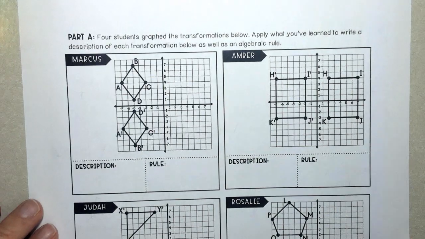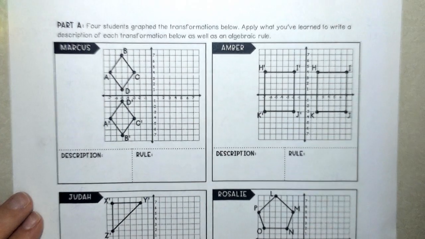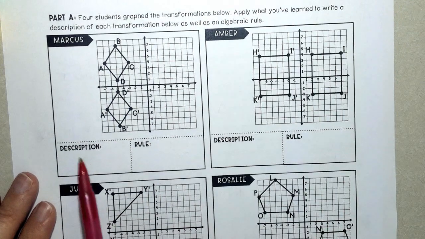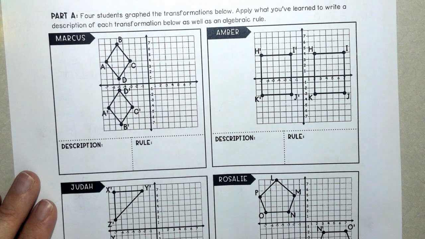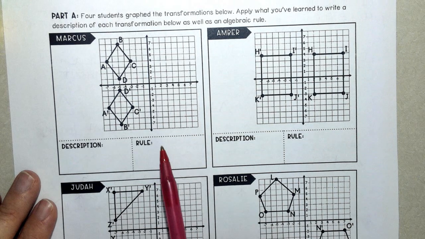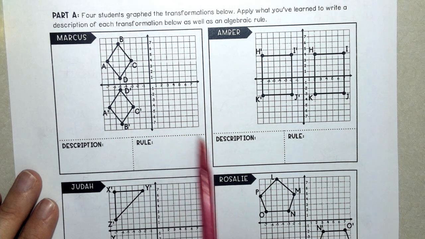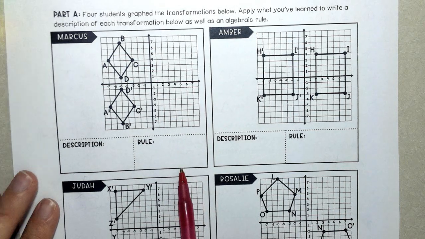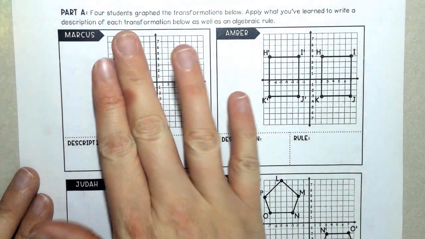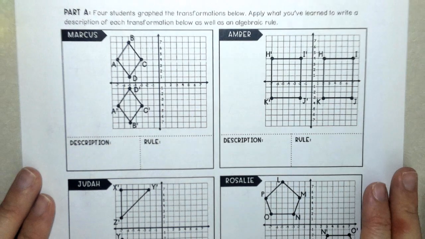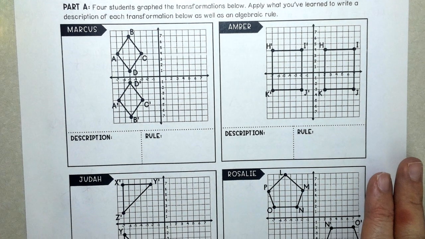Okay. On the back side, we're going to do the same thing, okay? We're going to try to write down the description, as in what transformation. We'll use the rule. This is more of like the concept going back to last chapter for the rules. And I'll be honest, a lot of people would get this one wrong without using highlighters.